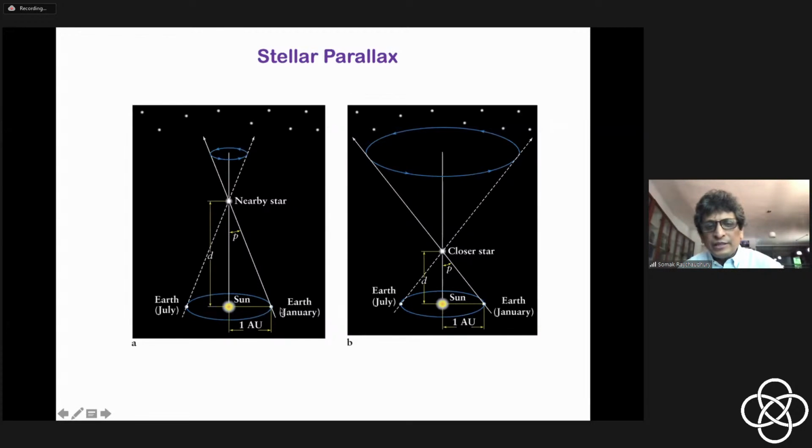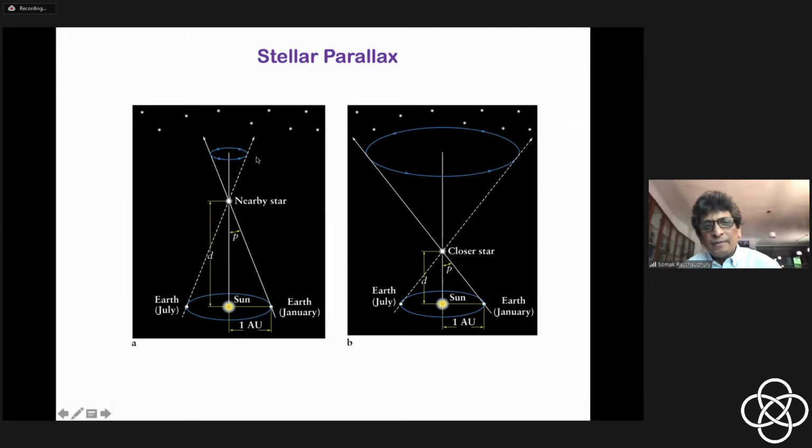Since we know that 6 months apart, the Earth is the farthest away from where it was 6 months ago, you measure where stars are on the sky 6 months apart, and you try to figure out how the position on the sky has changed.